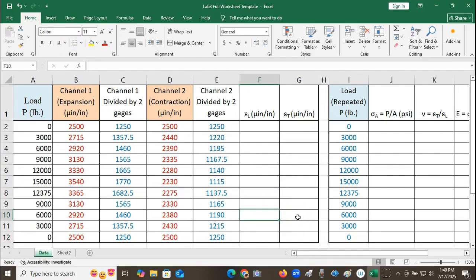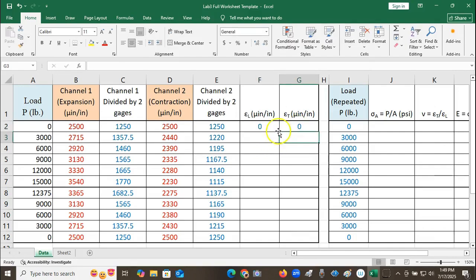So far, so good. Okay, so the longitudinal strain, this is epsilon subscript L, that's longitudinal strain. So you realize that when I get a number here in column C, that's not the strain. The strain would be the difference between whatever the number is and whatever the initial datum reading was. So obviously when there was no load on the specimen, that means no strain. No longitudinal strain, no transverse strain.